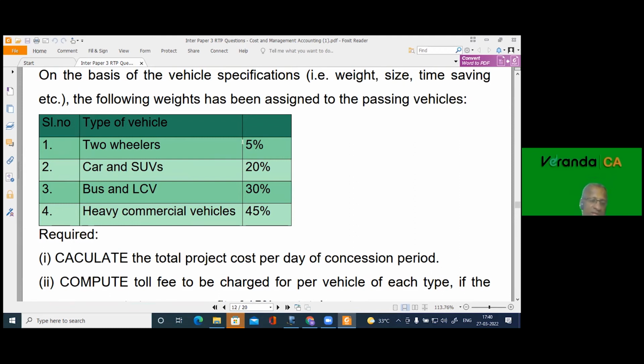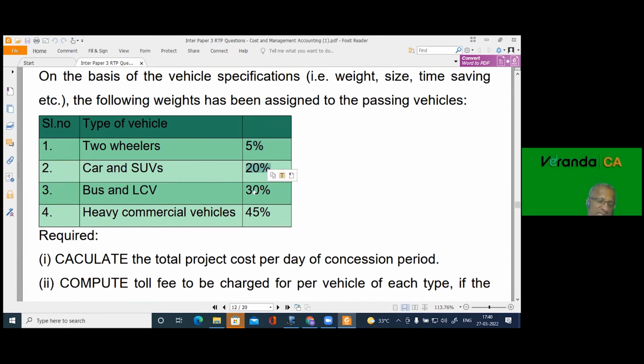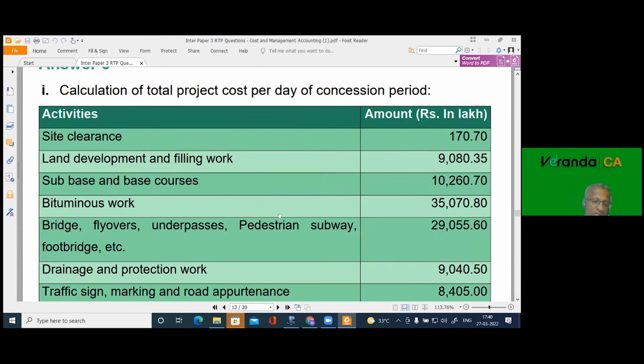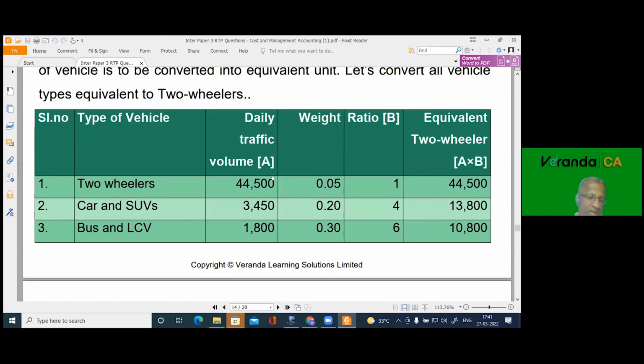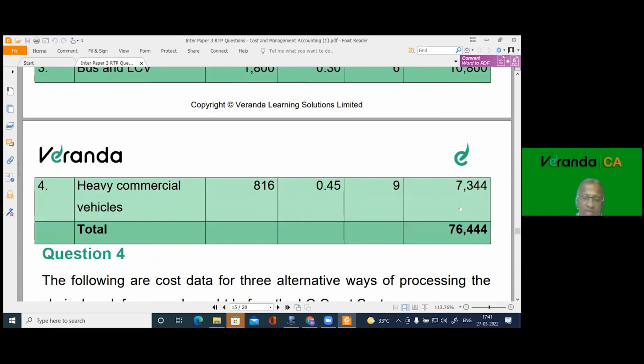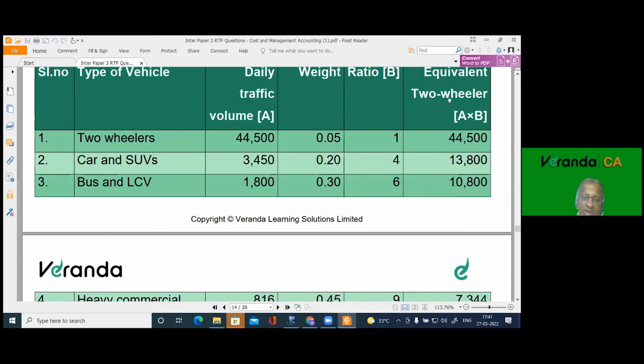If I consider 5% as 1 unit, so how many equivalent units that you have? 4, 6, and 9. This is what they put as a weight there, 1, 4, 6, and 7. So by doing that, you just find the number of such vehicles are coming up. So everything can be expressed in terms of equivalent two-wheeler.